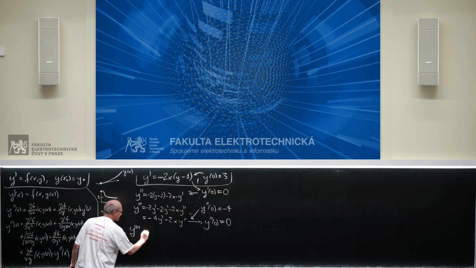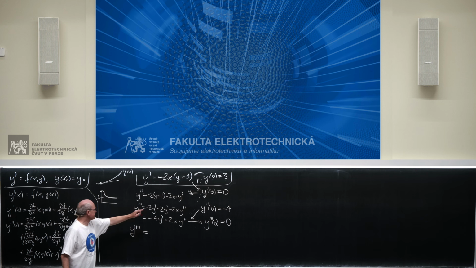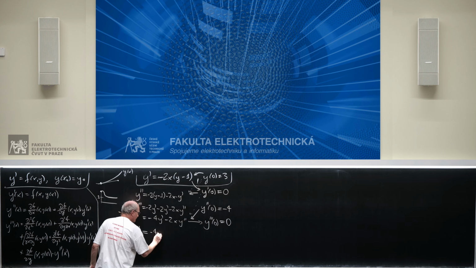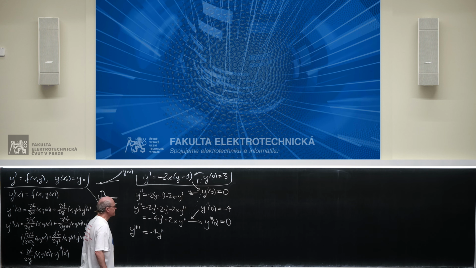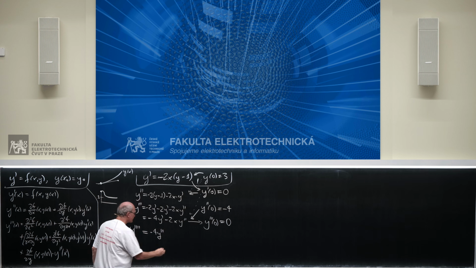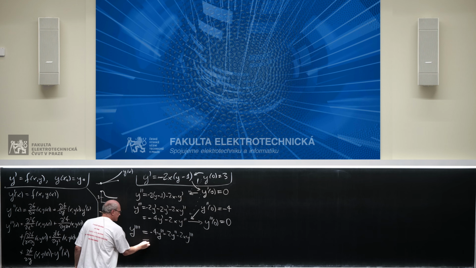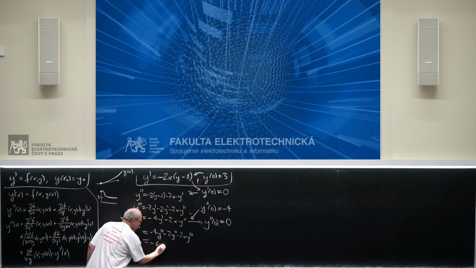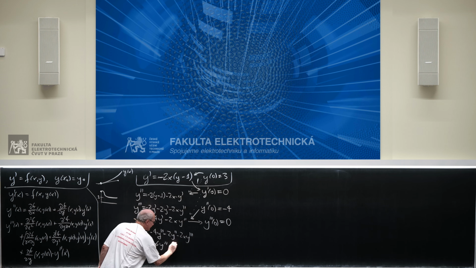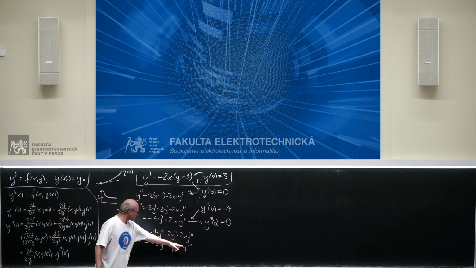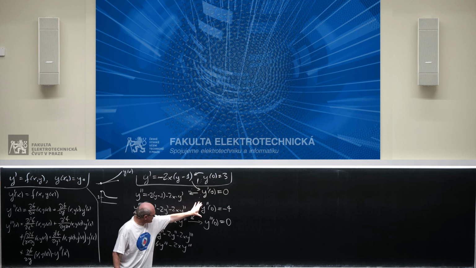Okay, let's go for the fourth derivative. 1, 2, 3, 4. Okay, I differentiate minus 4 y double prime, and I use the product rule, minus 2 y double prime minus 2x y triple prime, which is minus 6 y double prime minus 2x y third derivative. And again, I need information at 0, which I already have here.